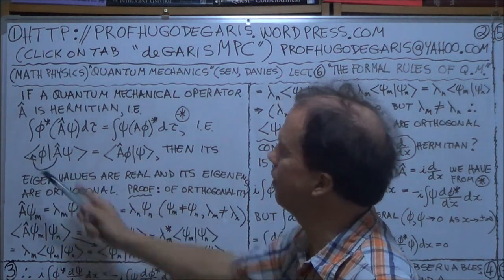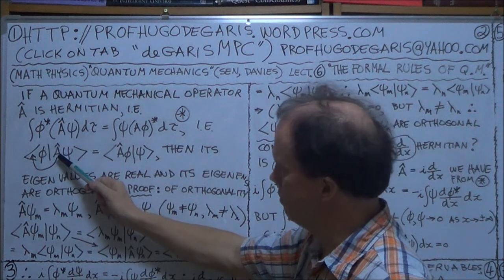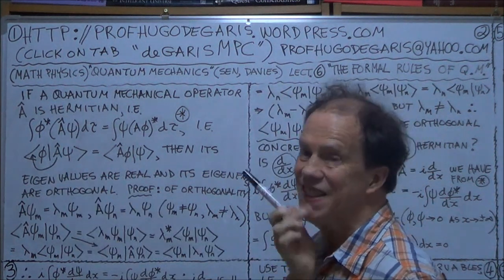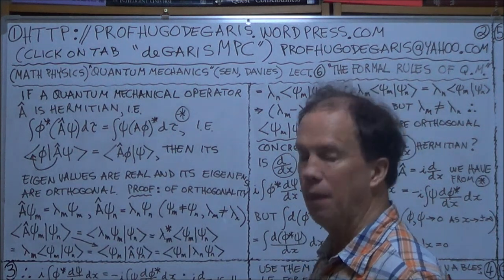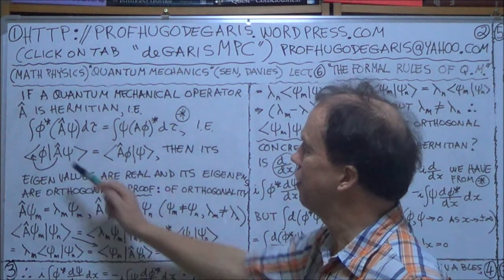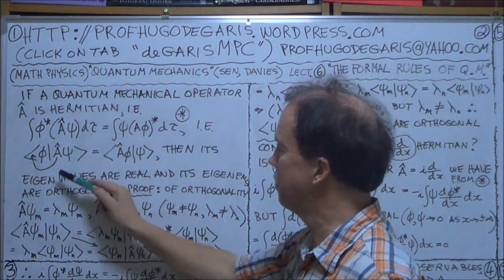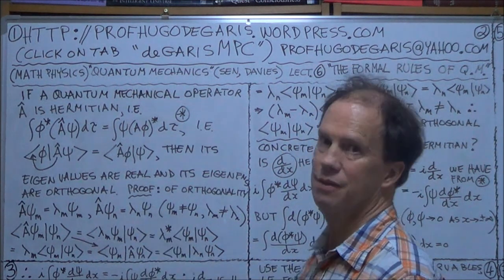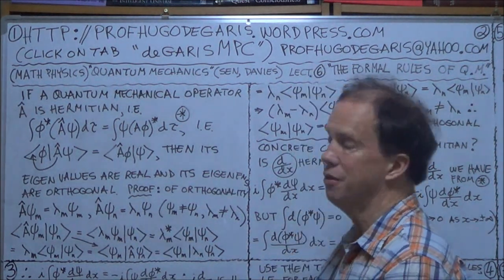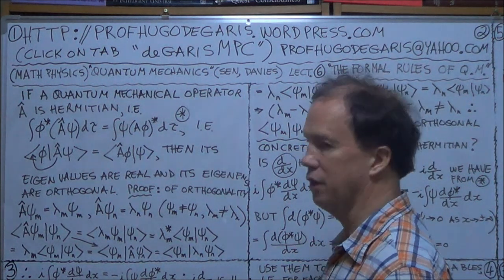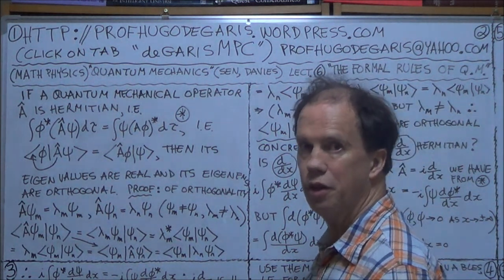That's why I put this arrow here. So if you move that arrow, it just goes here. So if you think of the condition for an operator to be Hermitian in these terms, it's easier. You just move the A. That's a useful device to remember what the condition is for an operator to be Hermitian.